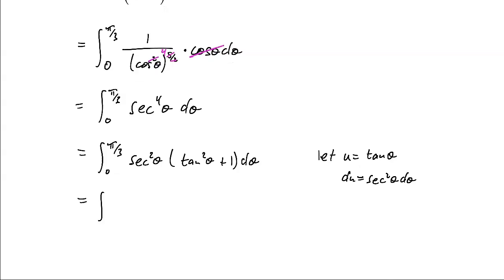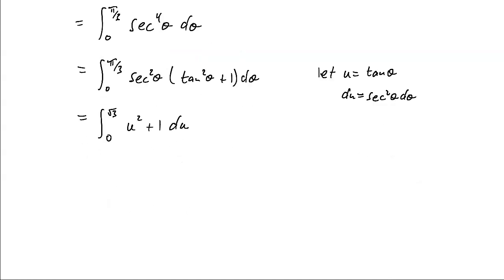So now I can rewrite my bounds again. I know you're so excited, but I actually am kind of excited because tangent of 0 is 0. Tangent of pi over 3, opposite over adjacent, is just root 3. And then this becomes u squared plus 1 du. Yep, and then it becomes much easier. So u cubed over 3 plus u from 0 to root 3.